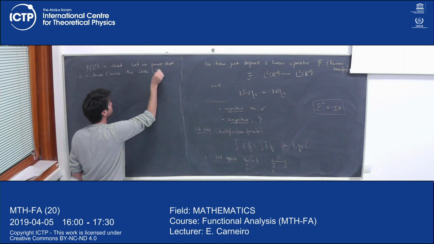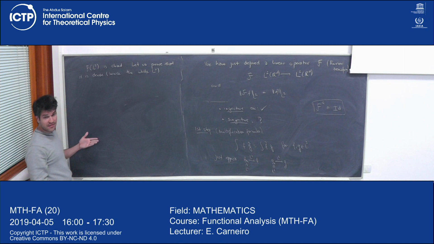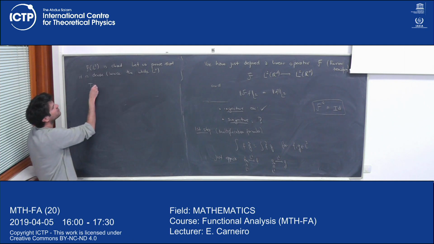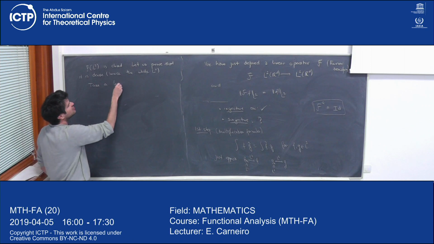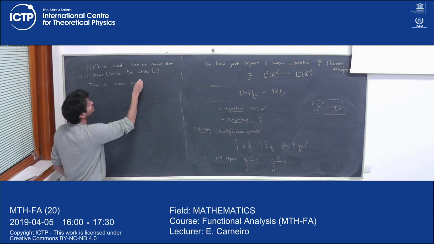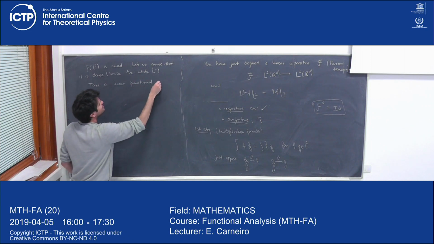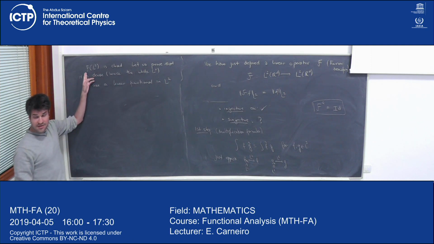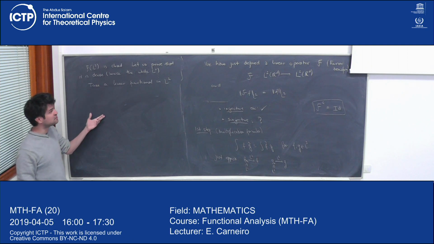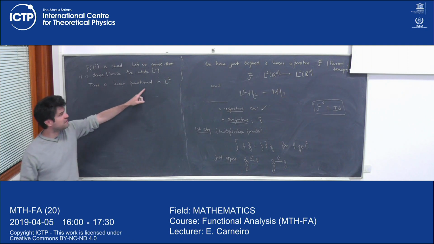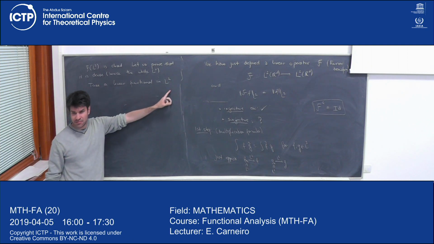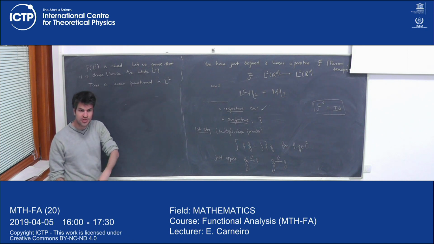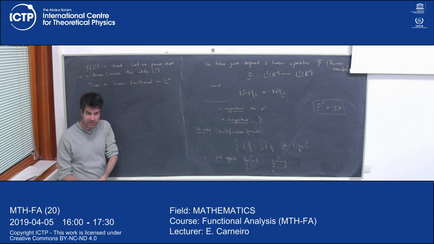If I want to prove that a subspace is dense, all I have to do is take a linear functional in L2 such that, applied to any element in this image, it is 0, and prove that the functional is 0. But who are the linear functionals in L2? By the Riesz representation theorem, they're just the elements of L2 itself.